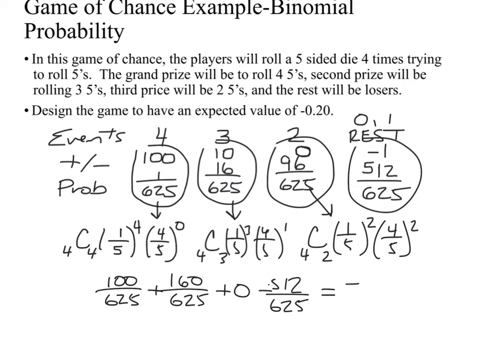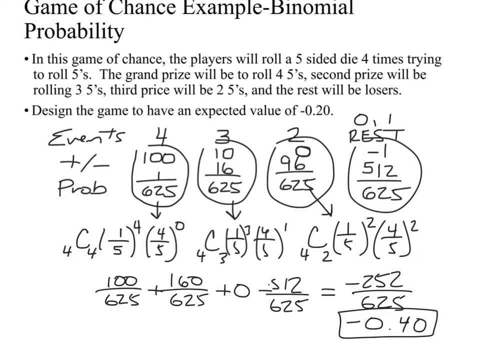This ends up being a negative 252 out of 625, which is a negative 0.40. So this expected value is that they're losing too much.